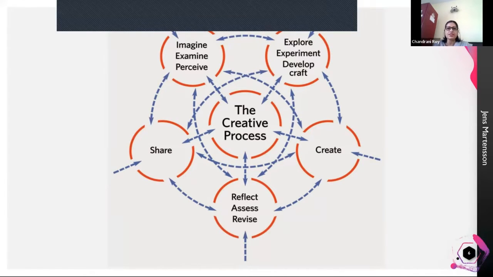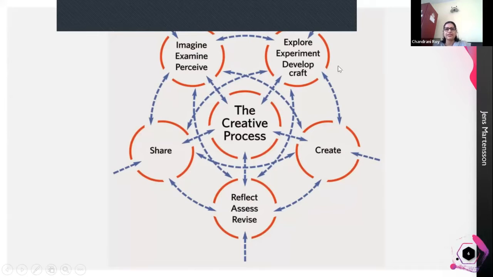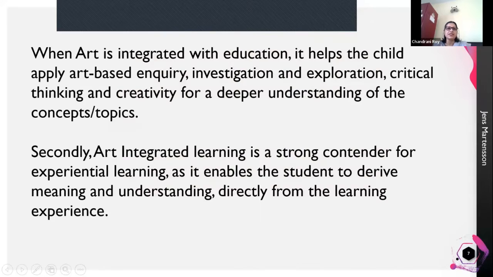And this allows them to reflect and assess their own understanding of a particular concept. So the creative process, as you can see, involves all these parameters, and it helps them to create, explore, experiment, and develop craft, imagine, examine, perceive, share, reflect, assess, and revise. So that is the importance of the creative process.